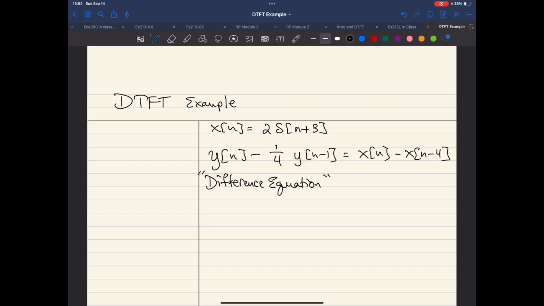As you may remember, what we're going to do is utilize the DTFT to solve the difference equation. What we did in some other settings for other courses is we used transformations to, say, turn differential equations into polynomials, right?